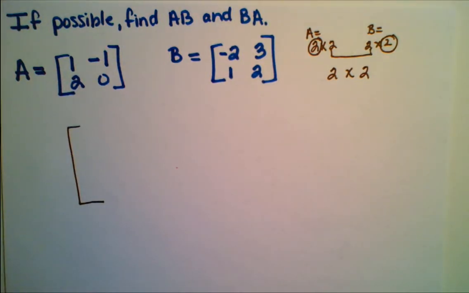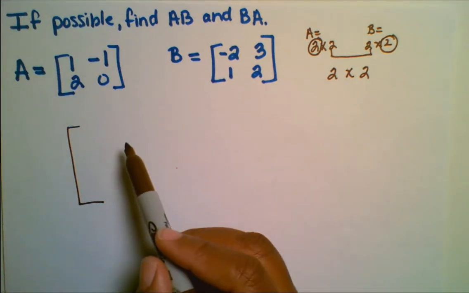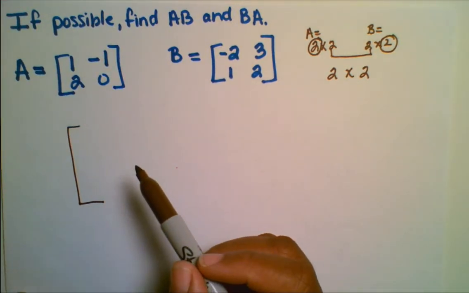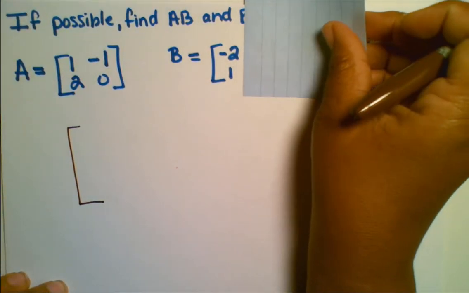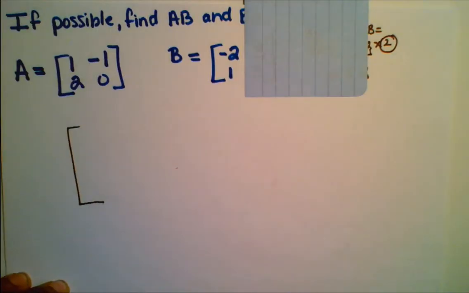To obtain the element in the first row, first column of the product matrix, we're going to multiply. I'm going to cover this up for a second so you can see what our focus will be on.